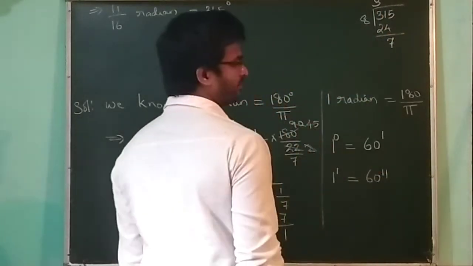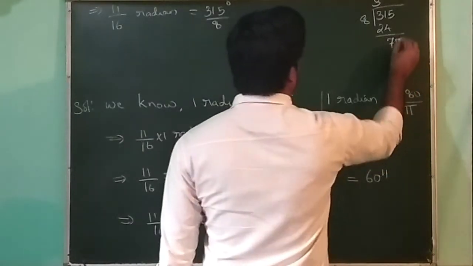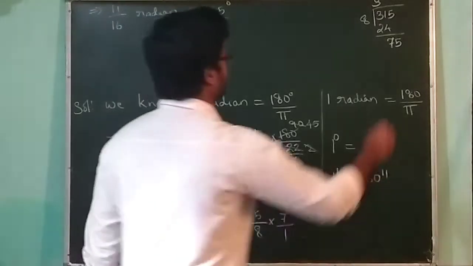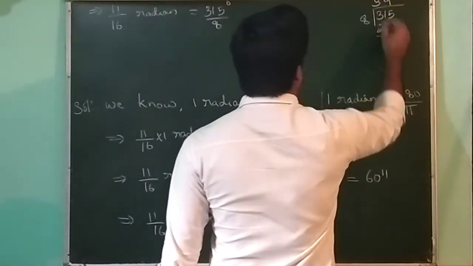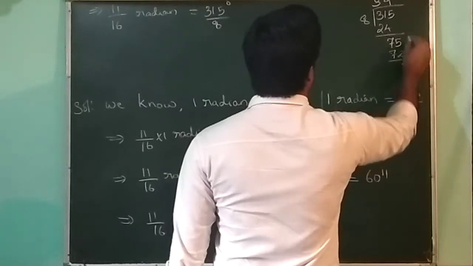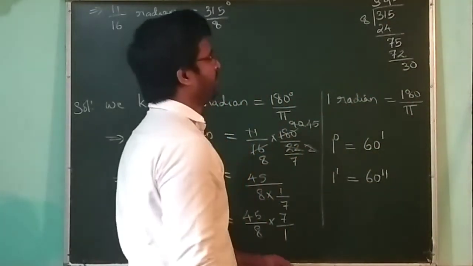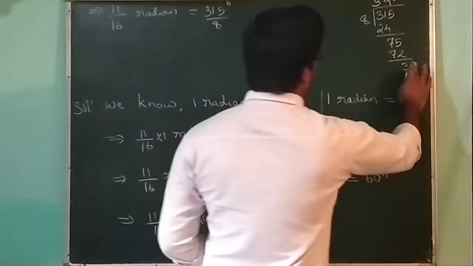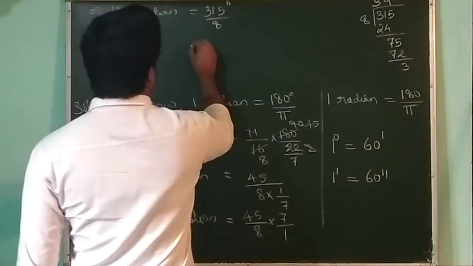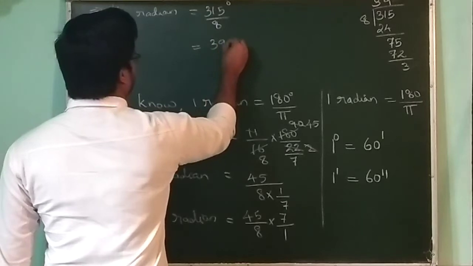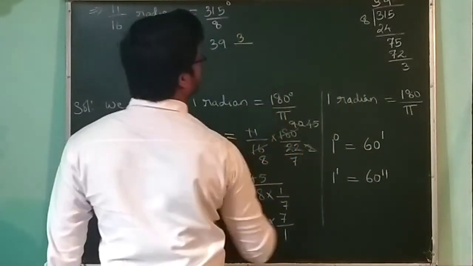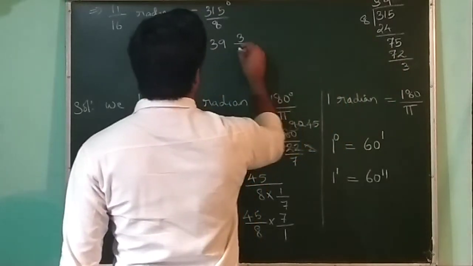This 5 we write downside. In 75, how many times 8? 9 times, isn't it? 9 into 8, 72. Then 3. You can write this as 39, then 3 by 8. Remainder divided by divisor.